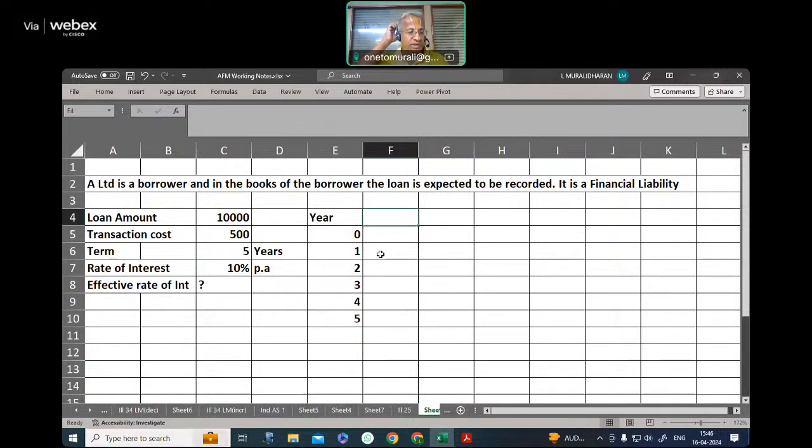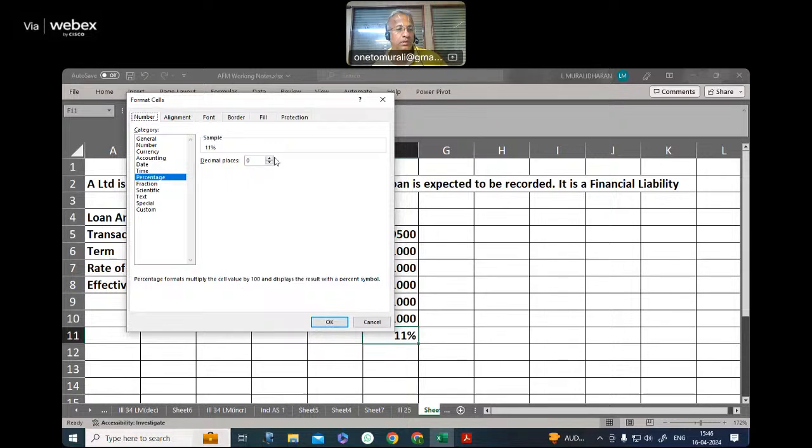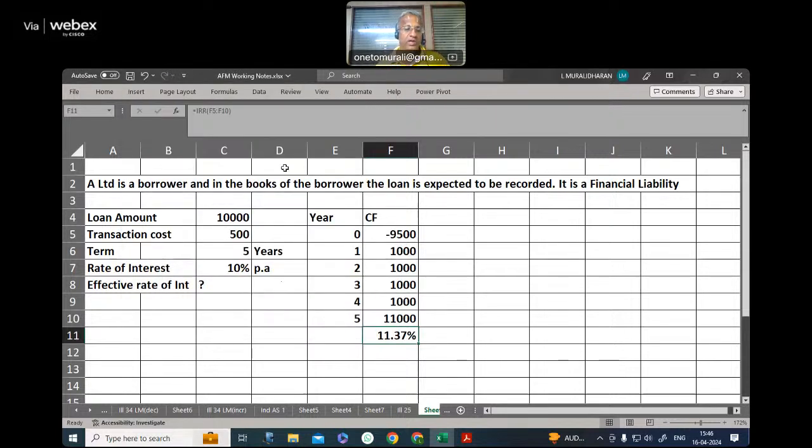the IRR function here. Cash flow minus 9,500. Then 10% on 10,000 is 1,000. Here it is 1,000 plus 10,000. It comes to 11.37%.